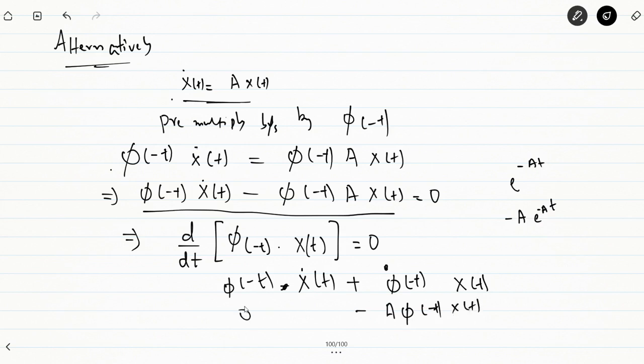This term here was nothing but the differential of phi of minus t into x t equal to 0.